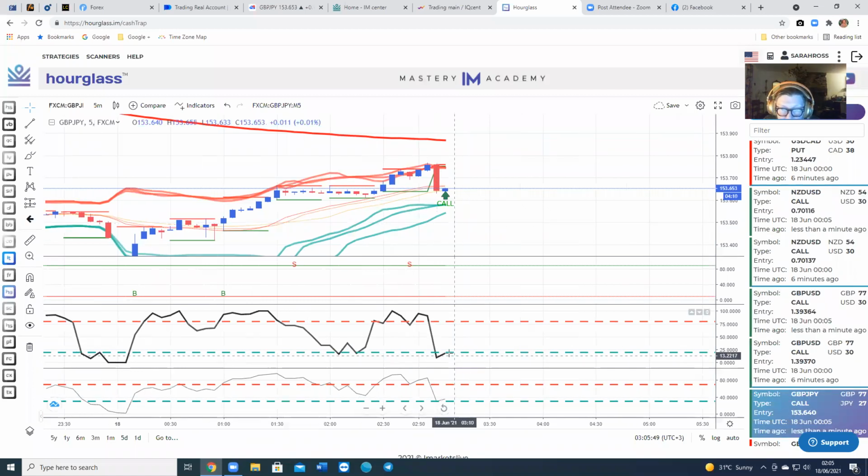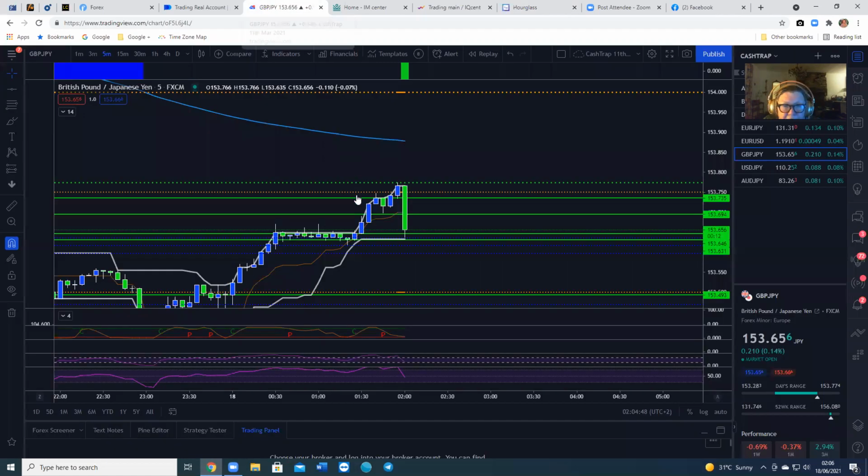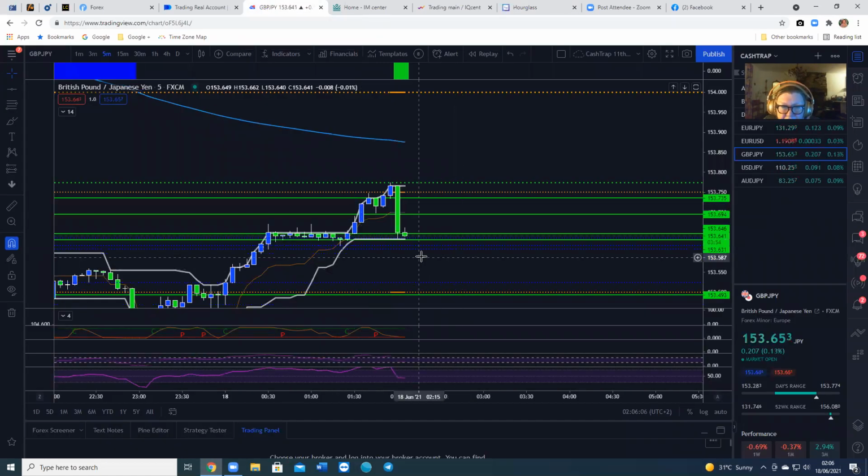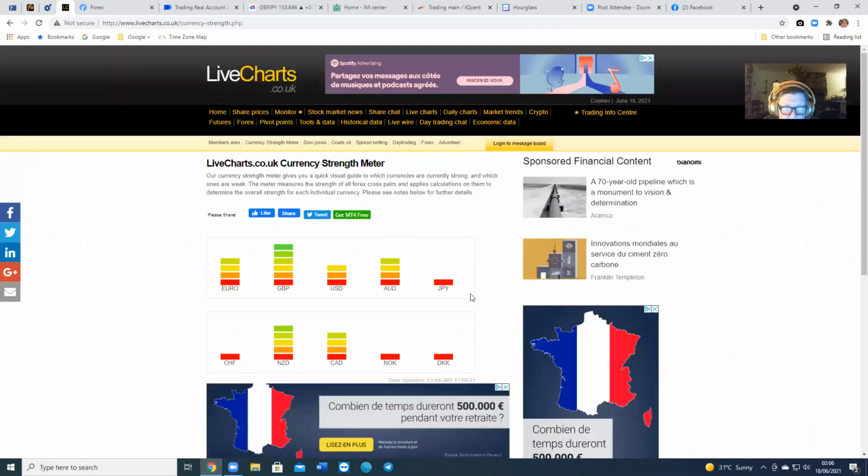Got the cross up, 1, 2. Got the currency strength, 3. Got the call and the green arrow, 4. We haven't got the moving average in our favor, but we did have a very strong 641, very strong on this currency strength meter, GBP against the JPY. So I'm sticking with that at the moment.